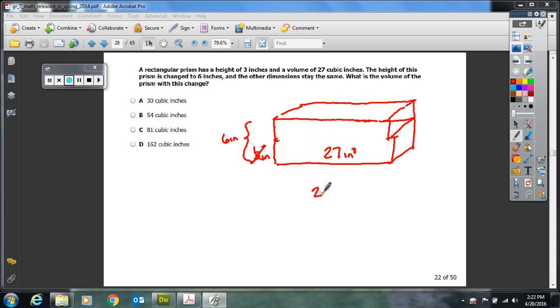So the original volume, 27 inches cubed, gets doubled or gets multiplied times 2, giving us a grand total of 54 cubic inches. And 54 cubic inches is one of our choices. Okay.